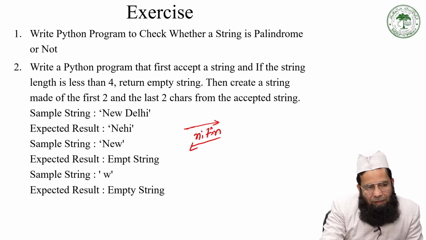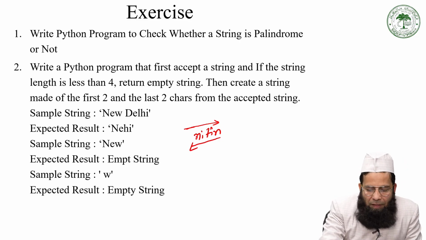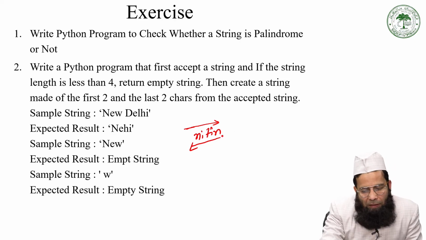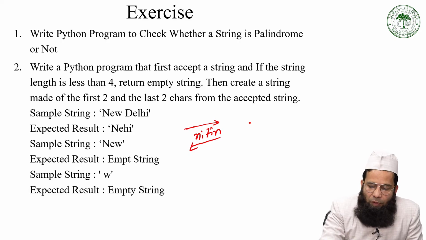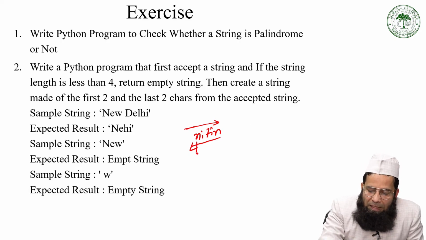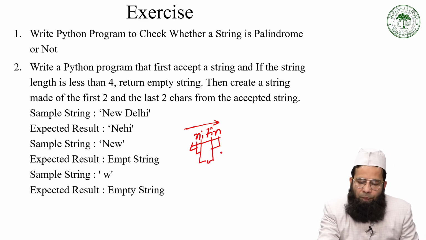If you reverse Nitin, you will get the same string. So the very first character is equal to the last character. Similarly, the second character is similar to the second last character, and so on.